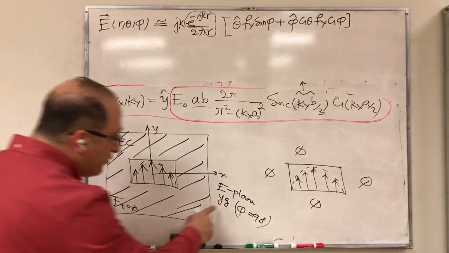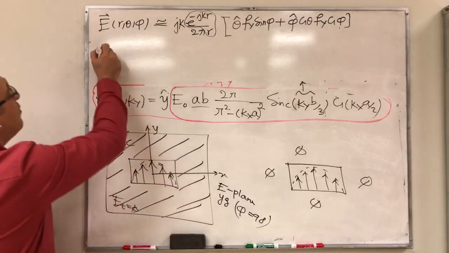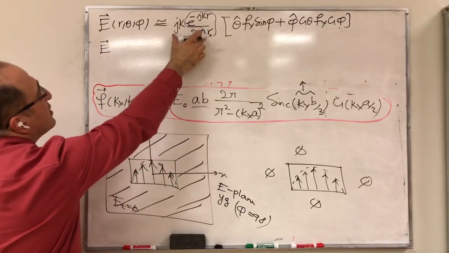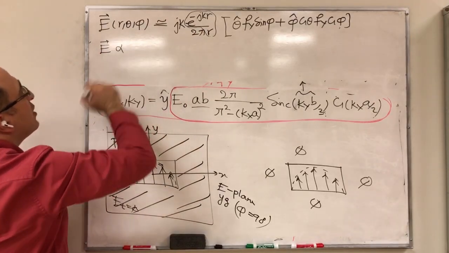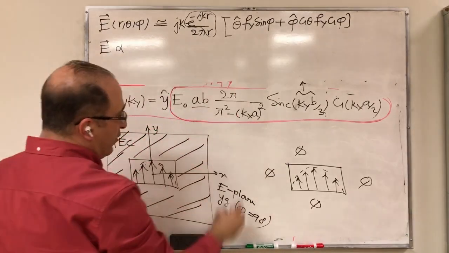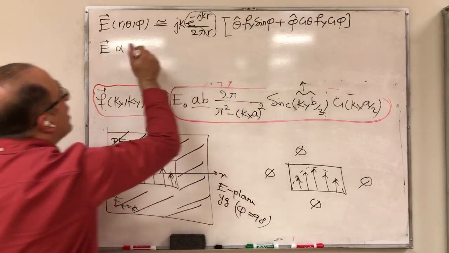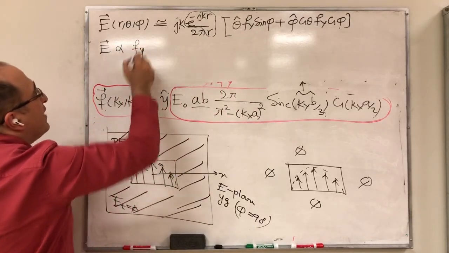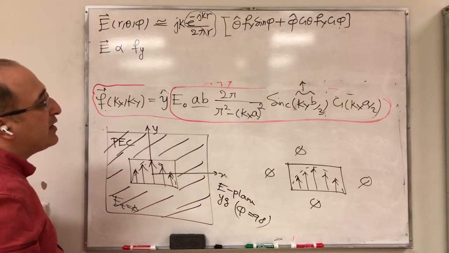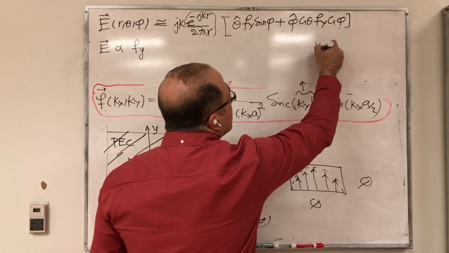Now, if I go with the YZ plane, so I'm only considering the E plane, then my E, forget about this part because this is just a constant for a constant R, would be proportional to, so for phi 90, this term vanishes, this term becomes 1. I'm going to have just Fy. Now, this is my Fy, of course, but I can still do more simplification. The reason is, what is your Kx?